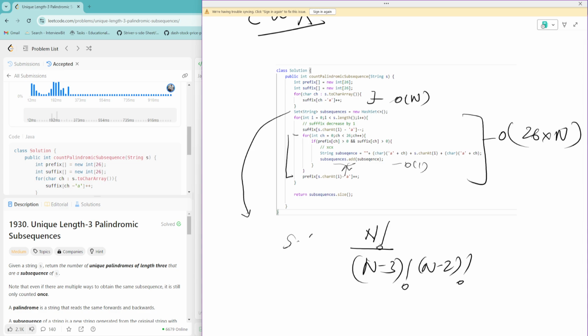This would be our space complexity at the worst case, because we are just considering length 3.